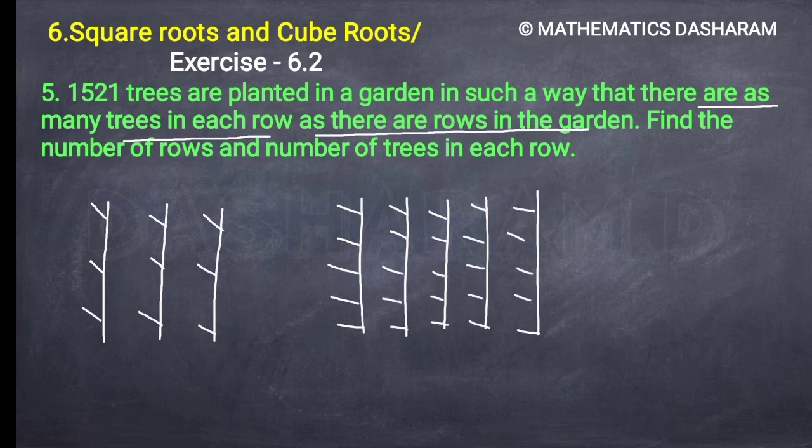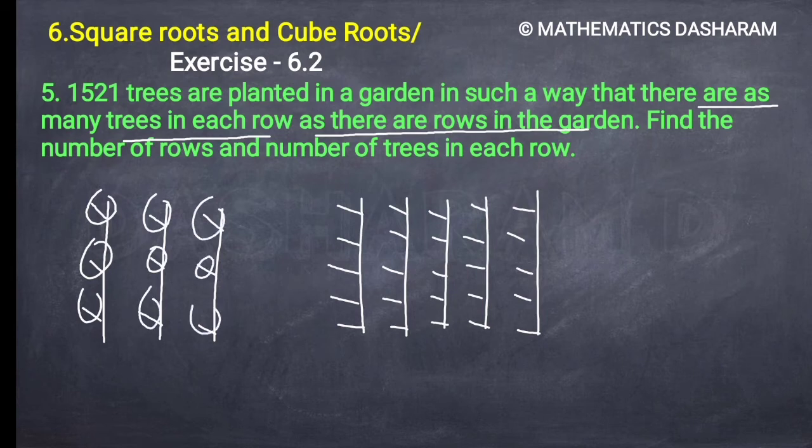And in the first case, how many trees are there in the garden total? Here 1, 2, 3, 4, 5, 6, 7, 8, 9. So total 9 trees. How to write these 9 trees? Total number of rows 3, and in each row how many trees are there? 3. So 3 into 3 equals to 9.